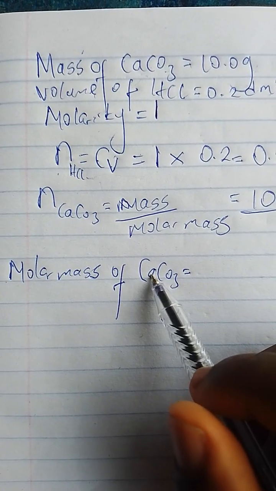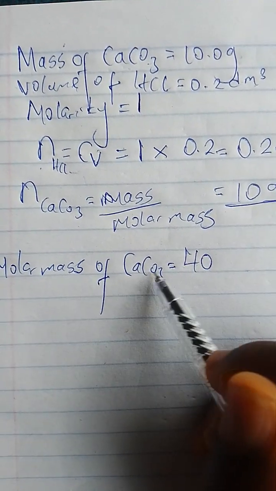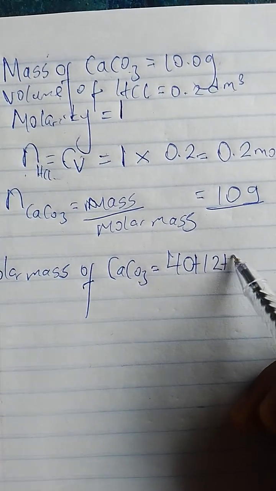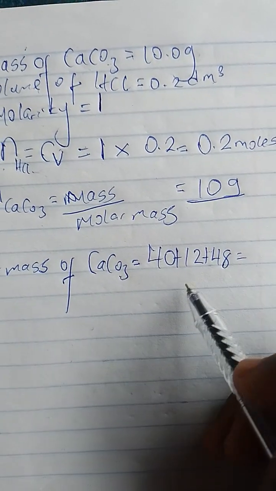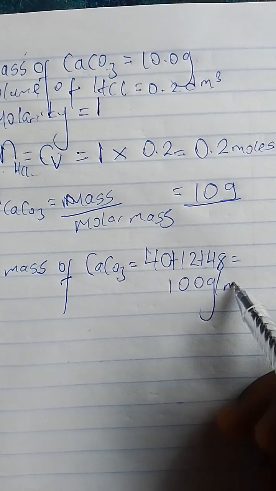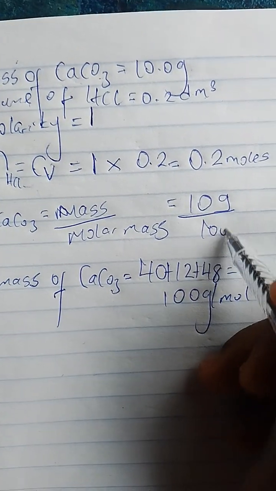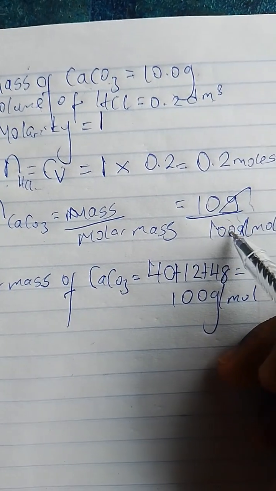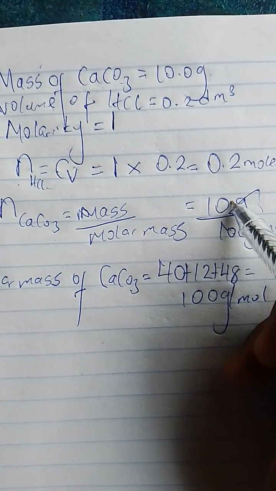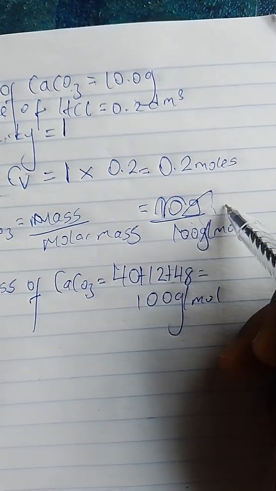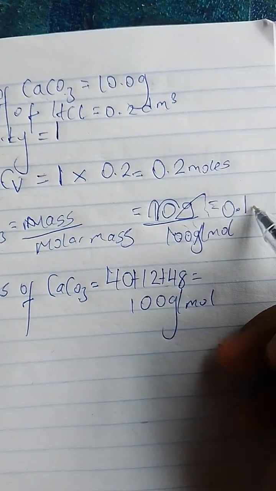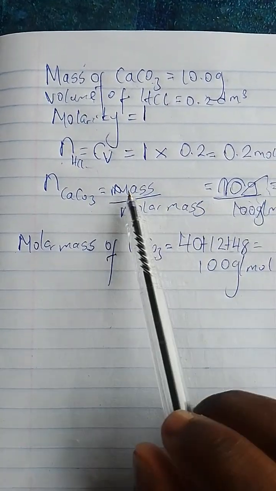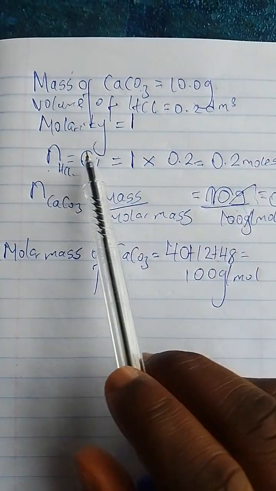The mass number of calcium is 40, plus 12, plus 16 times 3, which is 48. When you add up everything, we have 100 grams per mole. Grams strike out grams. When you have 2 zeros here, you move the decimal twice, 1, 2, which gives us 0.1 mole.